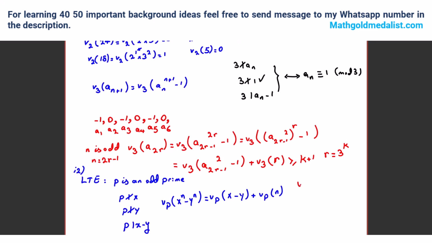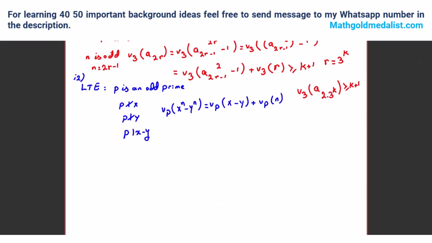So we proved that v3 of a 2 times 3 to the k is at least k plus 1. So 3 to the k divides this. Also you can say v3 of a 2 times 3 to the k minus 1 is at least k. So for 3 we could prove this problem.